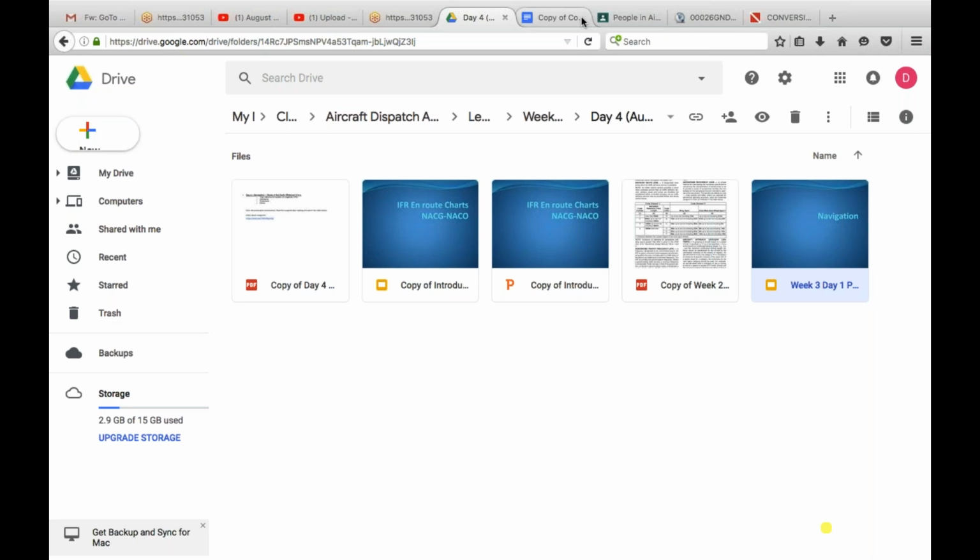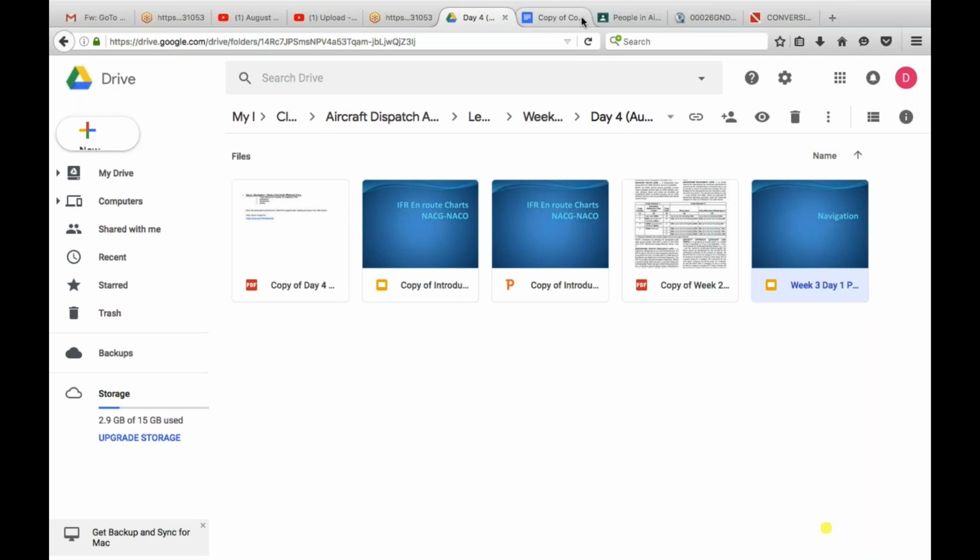So we've got the three that the PIC and dispatcher are jointly responsible for: pre-flight planning, delay, and dispatch release. And then we've got monitor, inform, and cancel or redispatch for our sole responsibilities. Okay. Everybody good there? Okay, I'll take that as a yes.